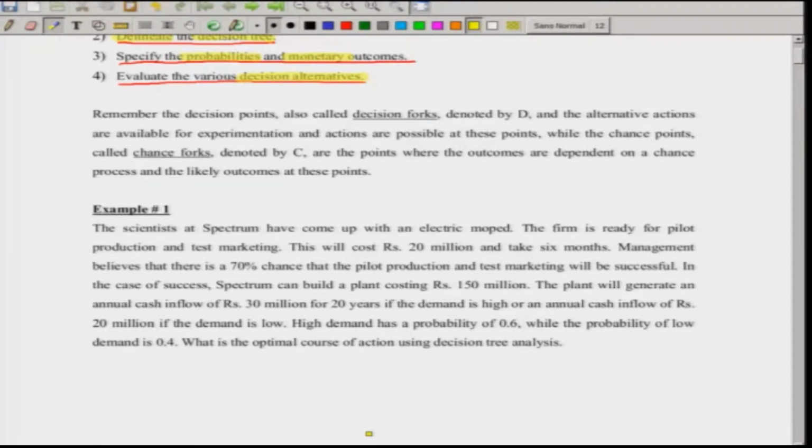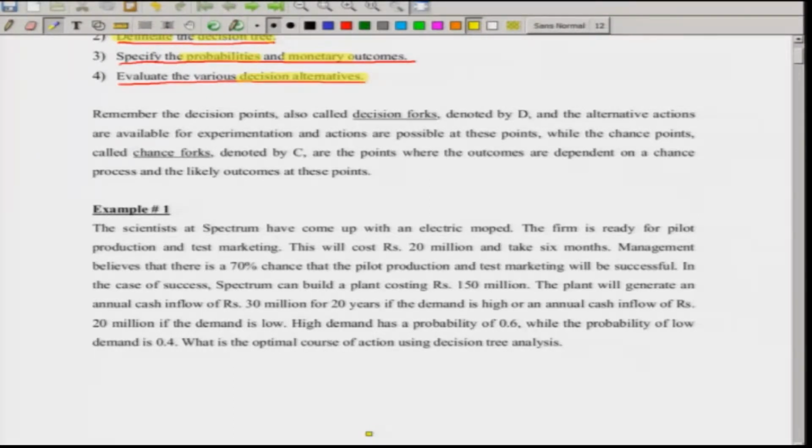It will do a pilot production and test marketing which will cost 20 million. I am not using the units of rupees or dollars, I am just mentioning the values, 20 million, and the time period is 6 months. The management believes there is a 70% chance the production and test market will be successful, obviously 30% it is not successful.